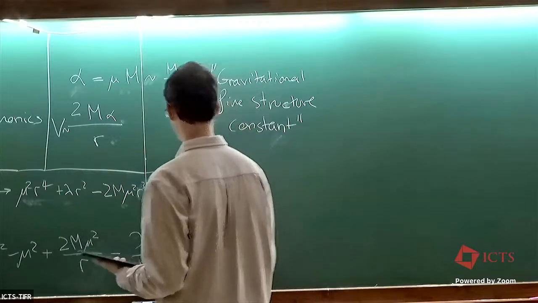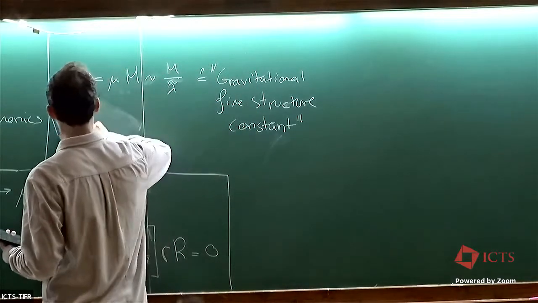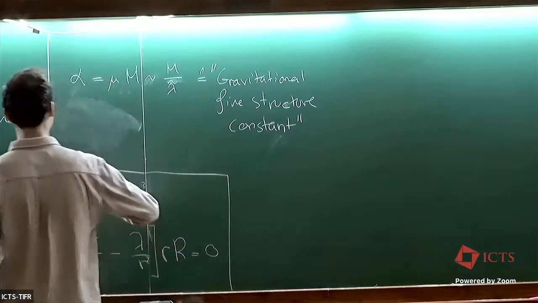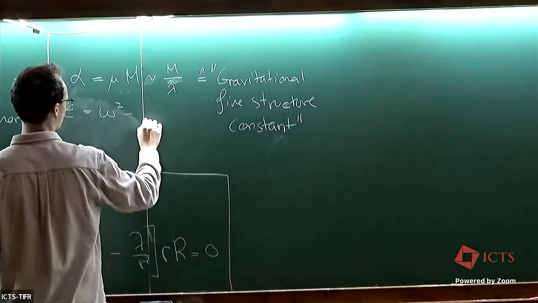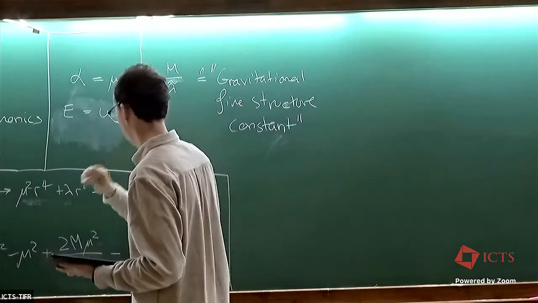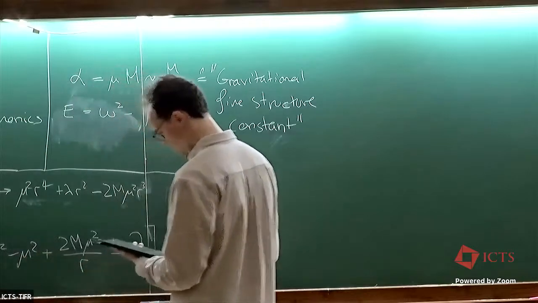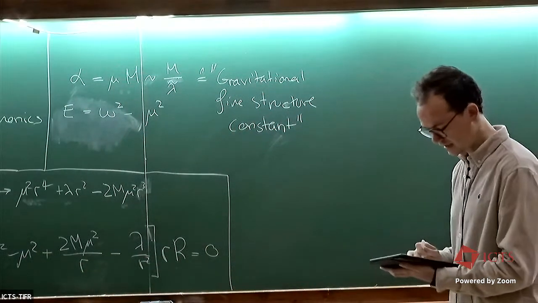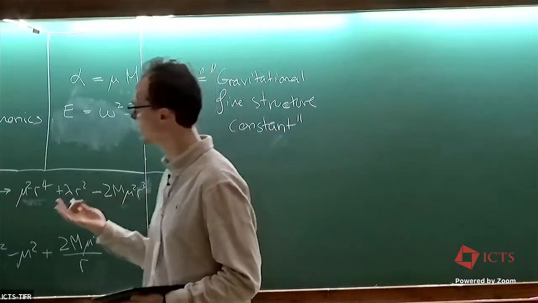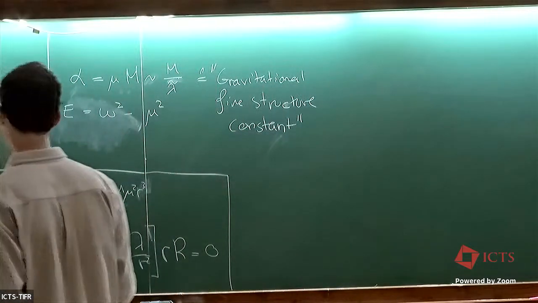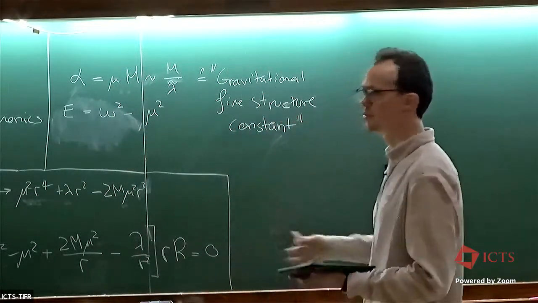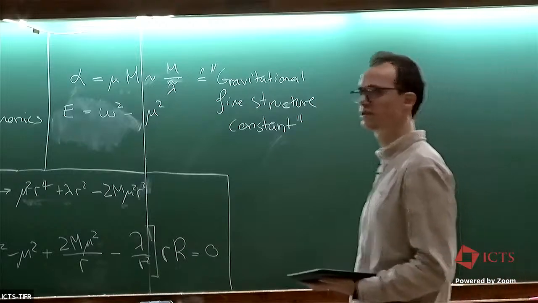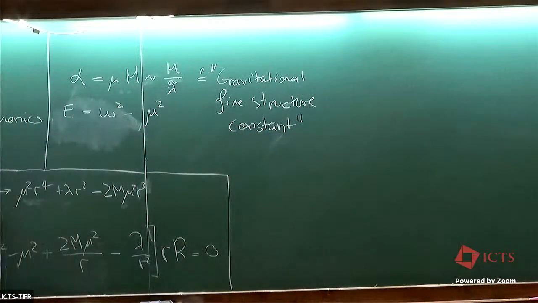Right, and then let me define the energy. The energy I'm going to define as omega squared minus mu squared. This is just basically saying that this combination is the energy. And then we can import the solutions of this equation that we already know from the hydrogen atom, just relabel some of the things, and get the solution that we wanted in the first place for these bound states around the Kerr black holes.